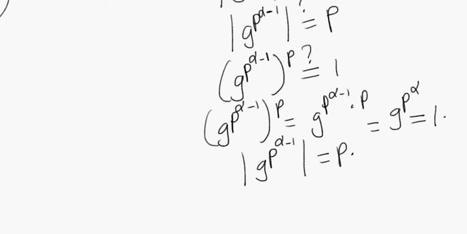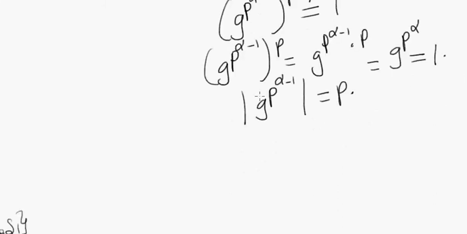Well, sure, we can agree with a few statements. If g to the p to the alpha minus 1 raised to the p equals the identity, that's all well and good, but how do we know that p is the smallest such power?